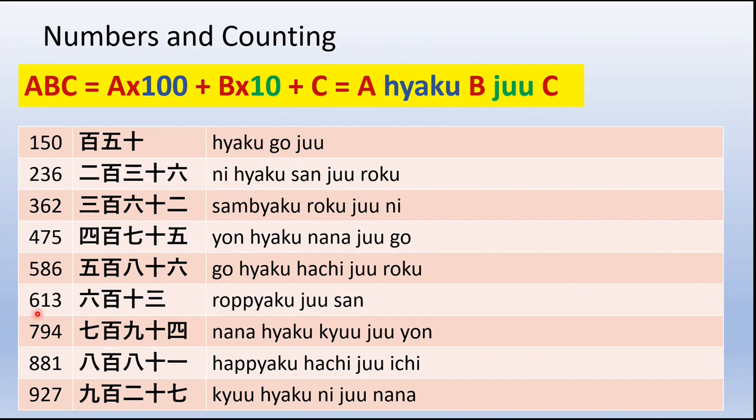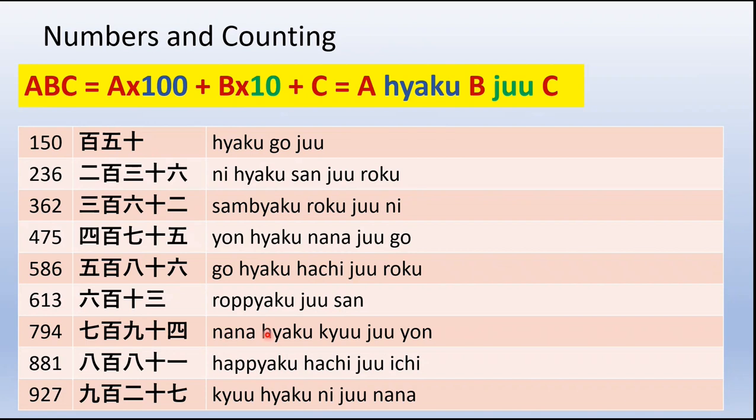We have another number, 613, which is 600 plus 10 plus 3, which is ropyaku ju san. Ropyaku is 600, ju is 10, and san is 3.